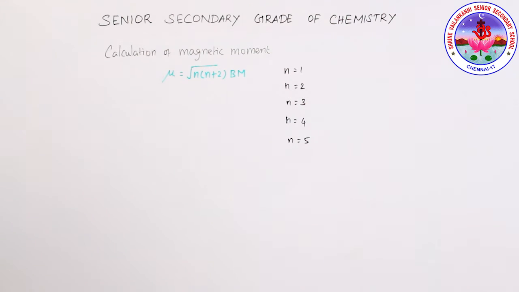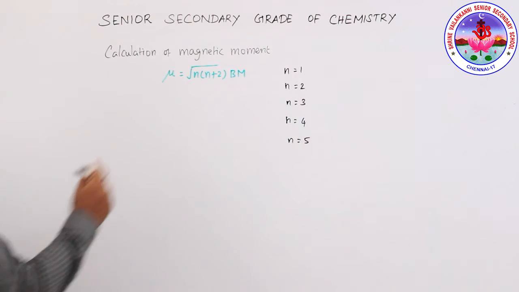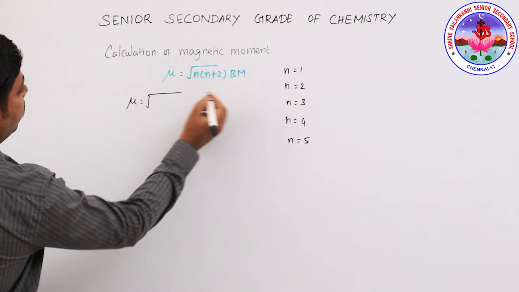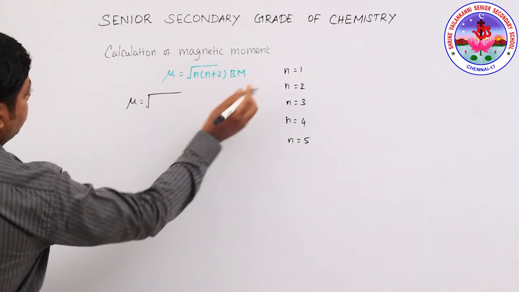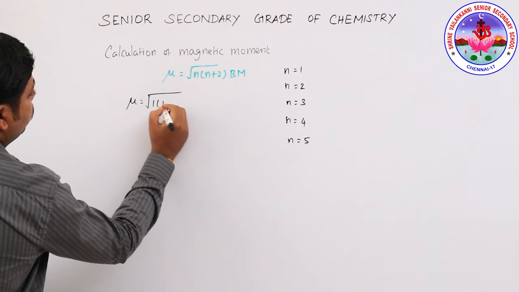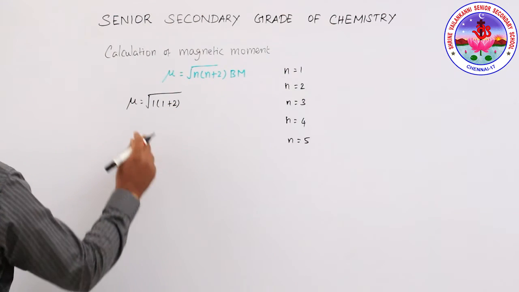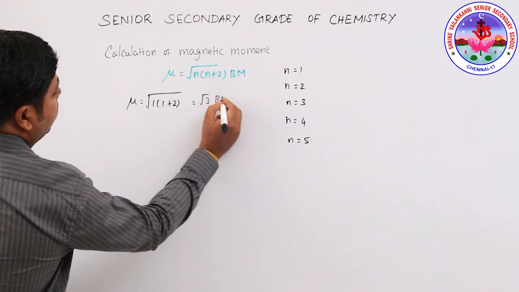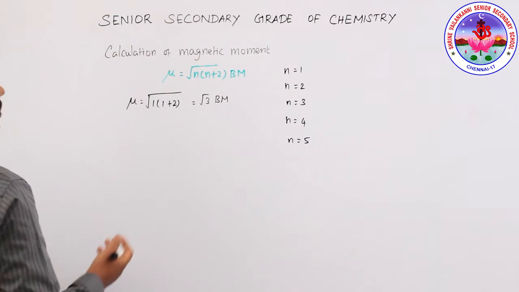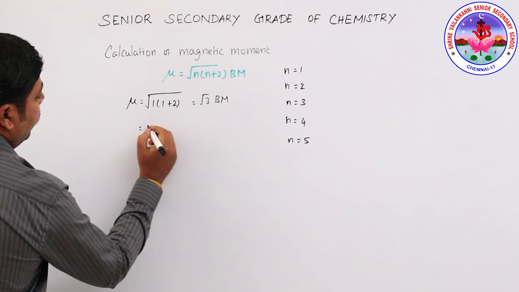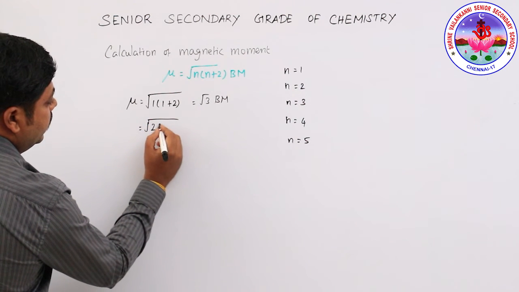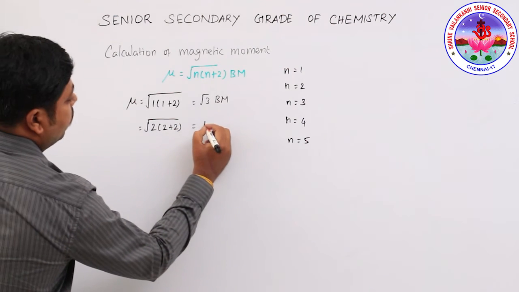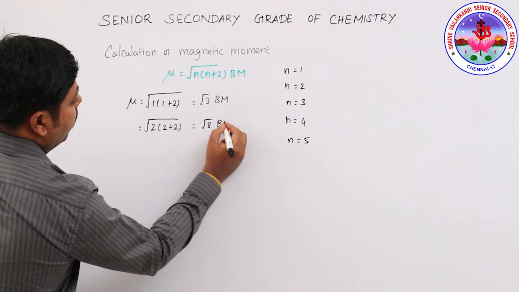Now, when there is one unpaired electron, n value is 1, so apply the values in this formula: 1 into 1 plus 2, that is 3. So, root 3 Bohr magneton. Next, when n is equal to 2, root of 2 into 2 plus 2, that is root 8 Bohr magneton.